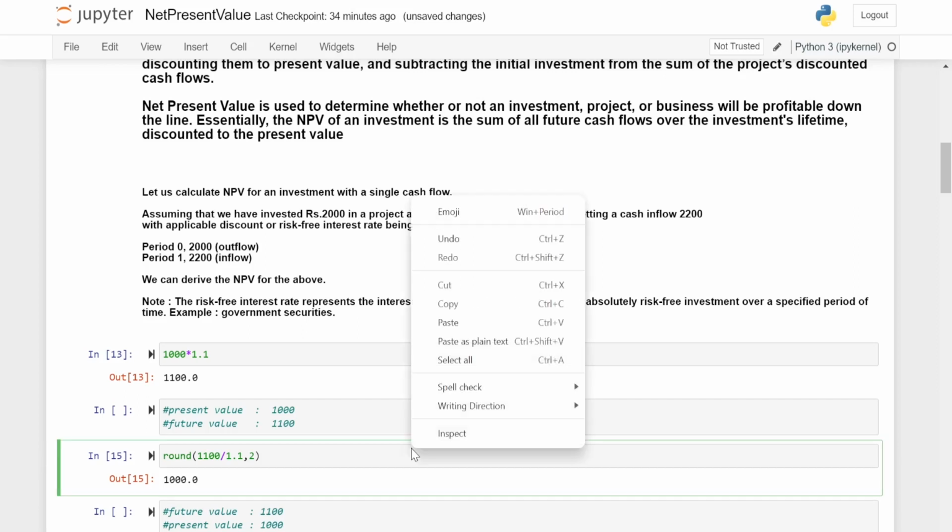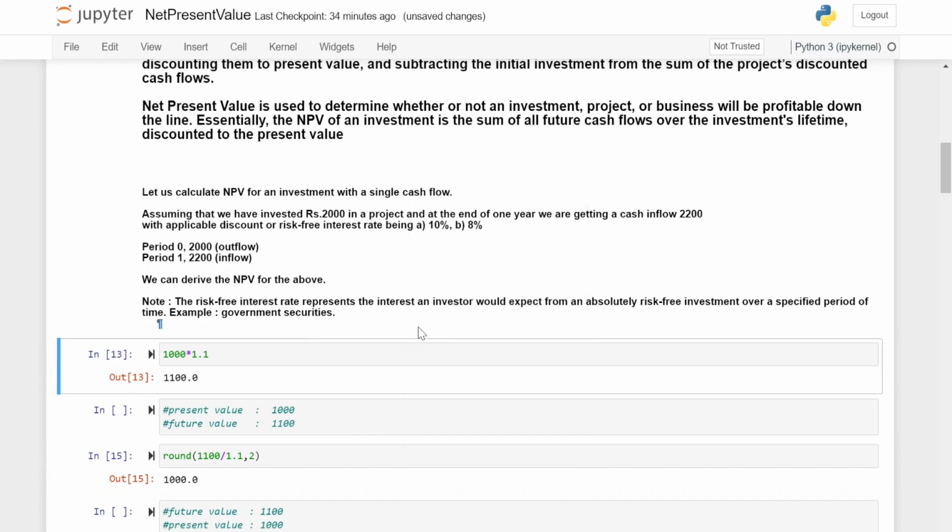Having understood this, let us see this simple problem. We have to calculate NPV, that is net present value, for an investment with a single cash flow. What does it mean? Let us read this. Assuming that we have invested rupees 2000 in a project and at the end of 1 year we are getting a cash flow of 2200, with the applicable risk-free interest rate being A 10% or B 8%.